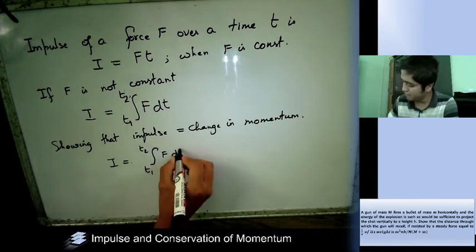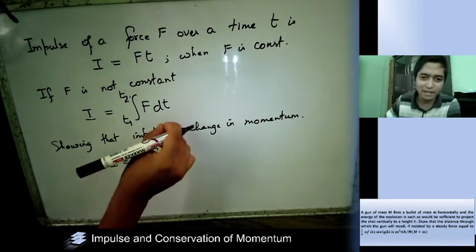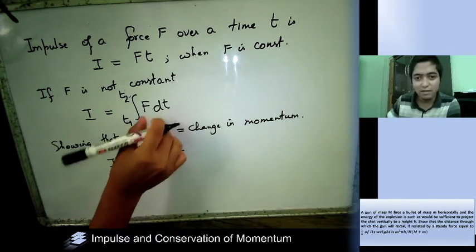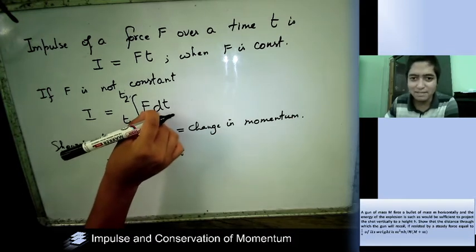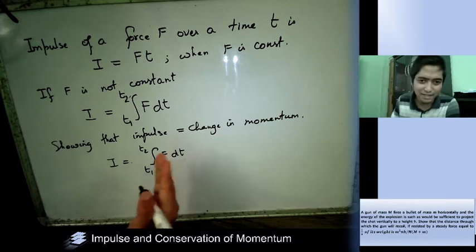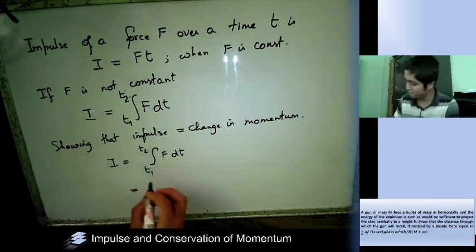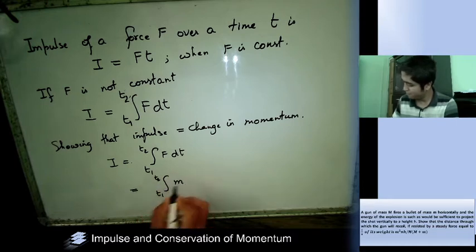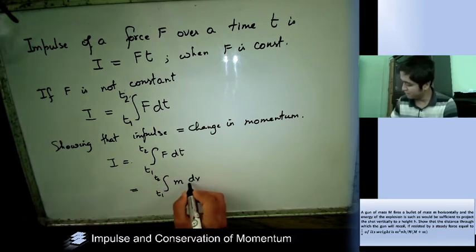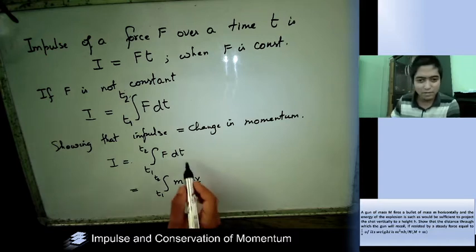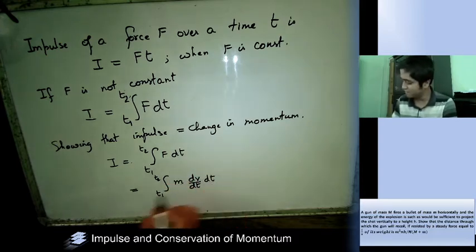Again, remember that F is not constant. If it were constant, you could take it outside of the integral sign, but over here it is not. So we can write F as m dv/dt, because the force can be written as mass times acceleration.